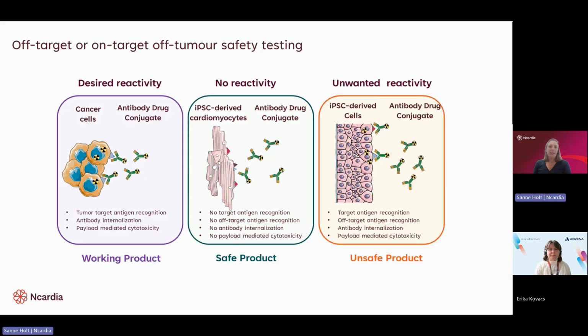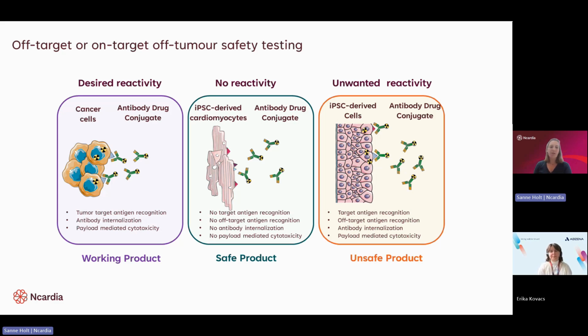So when we think about safety, you have your off-target and your on-target off-tumor safety. Just to set the basics, when you have your designed reaction, your efficacy testing, your antibody binds the cancer or cell that you're targeting, because that could be more broadly than oncology, and then you have your working product.